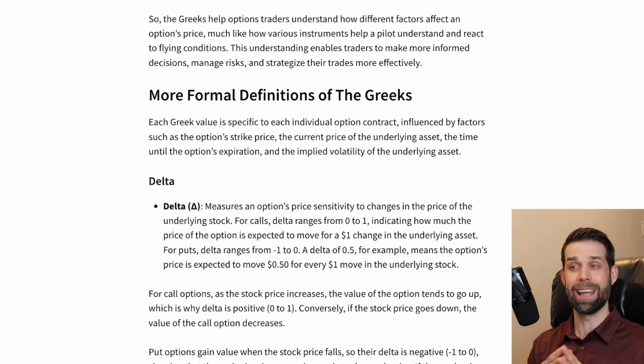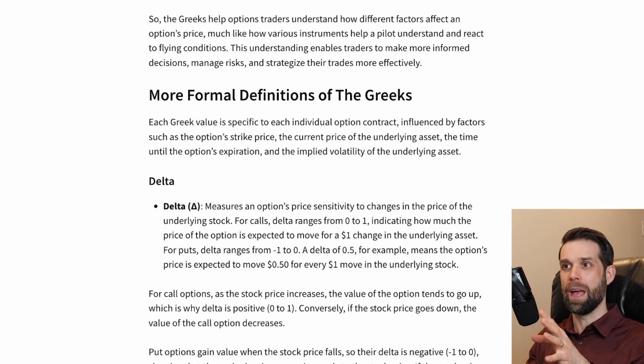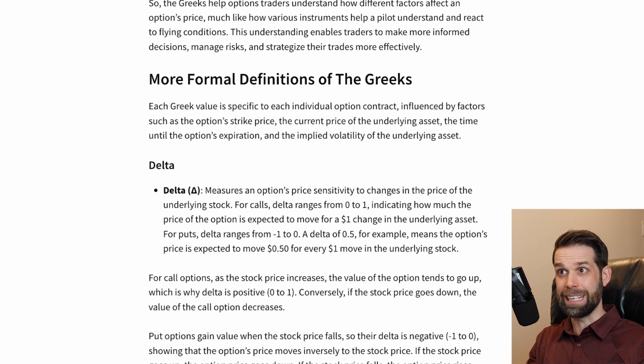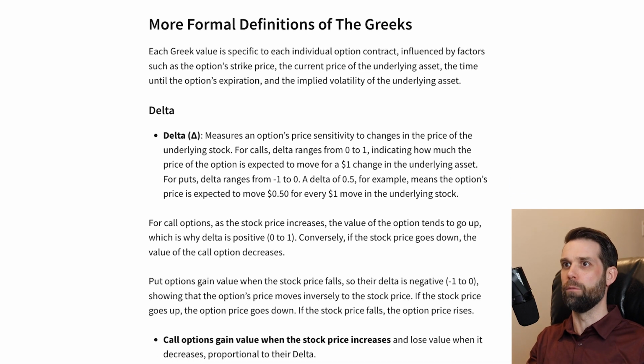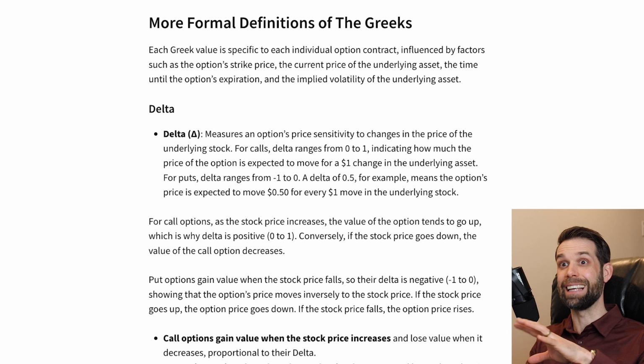At least for me, that example really helped when we dive into the actual formal definitions, relating it back to those flight instruments that a pilot might use. I thought was quite helpful. So let's go into the actual formal definitions now of these popular Greeks. So it's important to remember each Greek value is specific to the individual option contract.